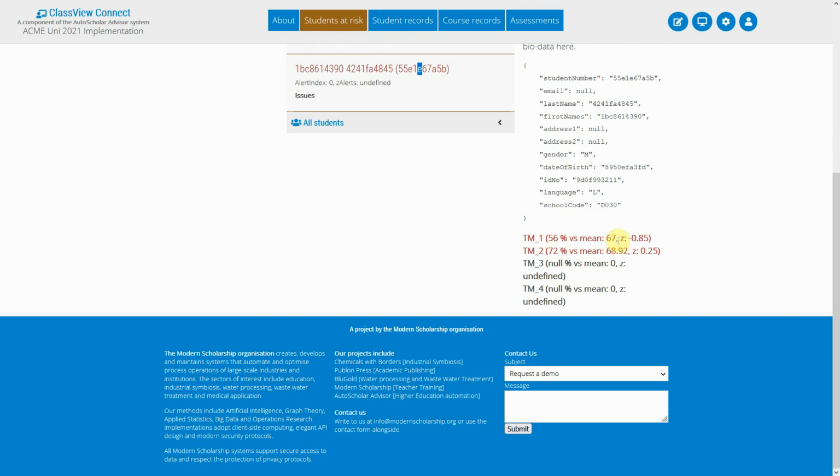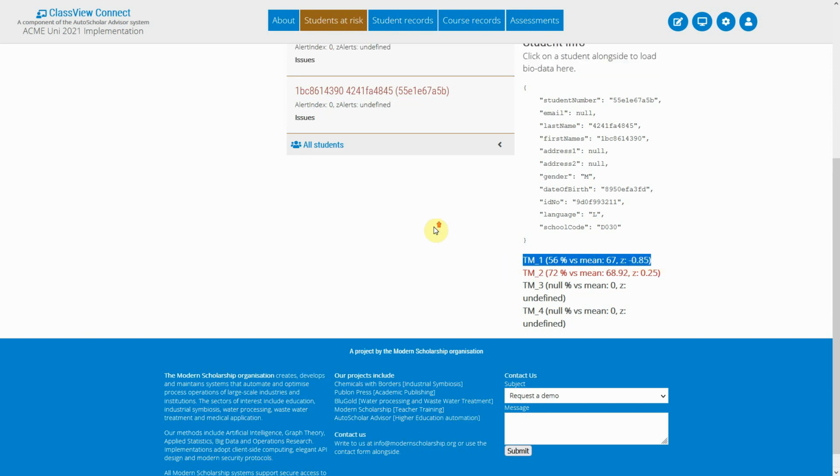However, when you compare that with the mean mark on the course, because the mean is fairly high and the standard deviation is fairly small, this is 0.85 standard deviations below the mean. So this is a relatively low mark in that assessment, and so an alert may be raised here. Well, in this case, 0.85 is not low enough.